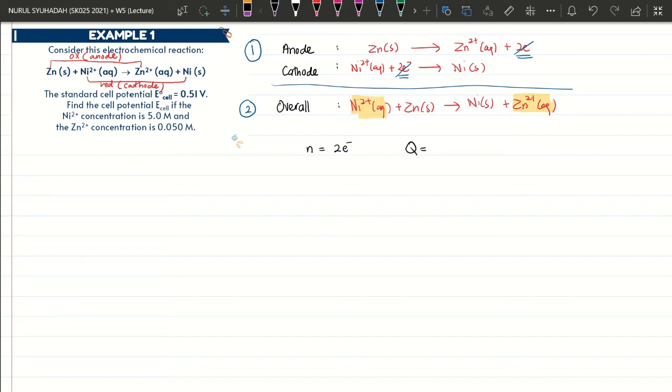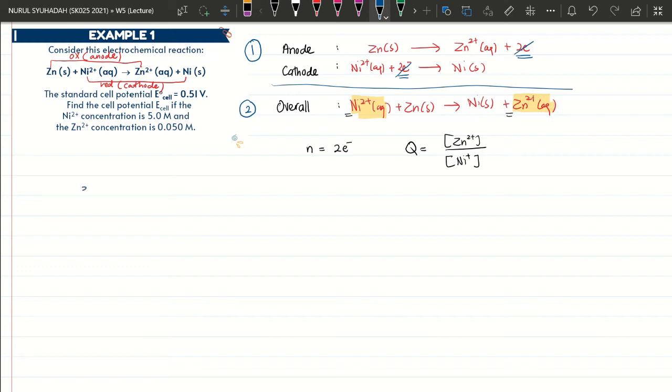Write down Q as the concentration of zinc 2 plus over the concentration of Ni 2 plus, both to the power of 1 because the coefficient over here is 1. So that will be the second step: the overall equation, to find the number of electrons and to find Q.